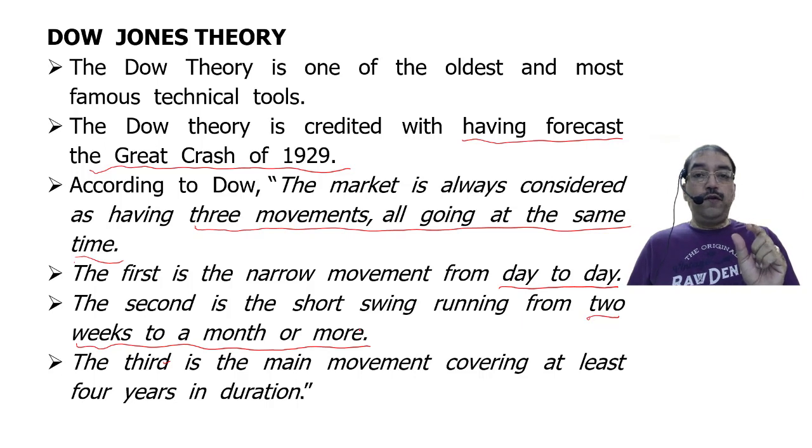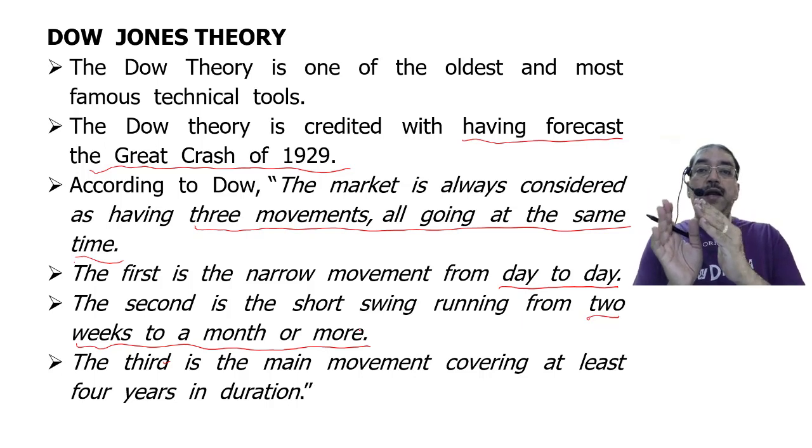I'm making use of certain terms over here: bull market and bear market. I will be coming to this. For the time being, I'm just using these terms. We'll come back to this. In short, you have to remember: bull market means the market is increasing. Bear market means the market is decreasing.